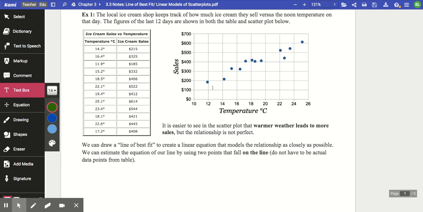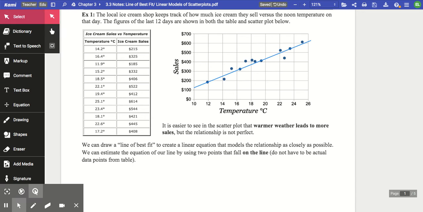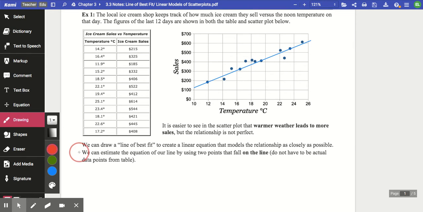In this case, we want to create a line of best fit to help us make some predictions. So we're going to draw a line, and this line models the relationship as closely as possible. Now see, we can estimate the equation of our line by using 2 points that fall on the line.